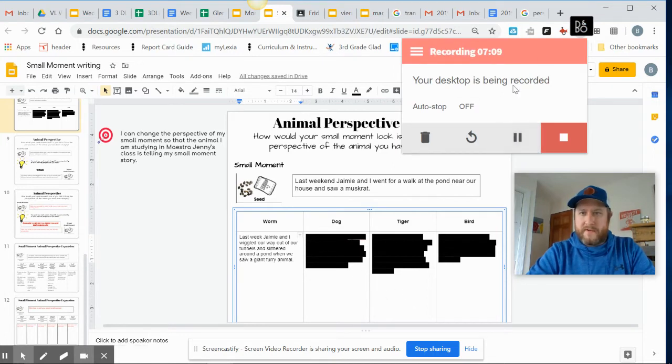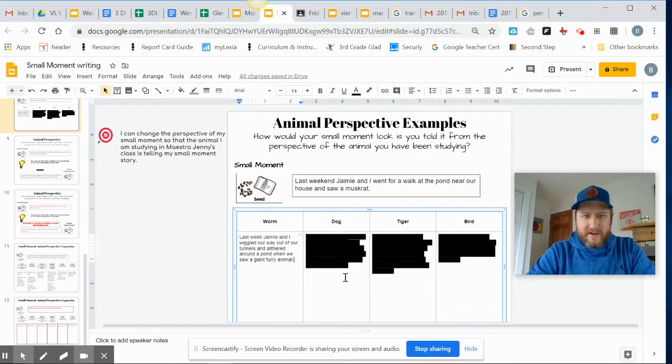All right, let's do this from the perspective of the dog. So if you're a dog, yes, so you're going for a walk around a pond near your house. Dogs also have houses. Dogs normally don't walk by themselves, so maybe the owner is walking you. Is the dog gonna know what a muskrat is?